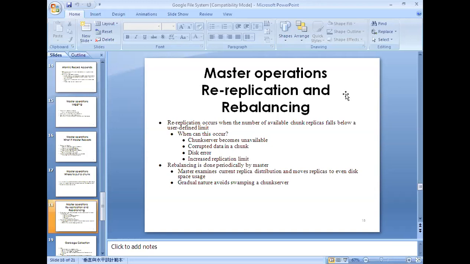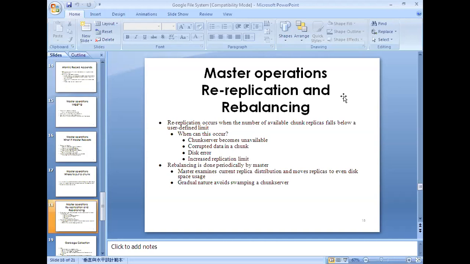Okay, so whenever the replica count falls below a user defined limit, when does that occur? One is when a chunk server becomes unavailable, because of network issues, hardware issues, software issues, whatever the issue may be. If the system is not working properly, then the replica information is not available, right?